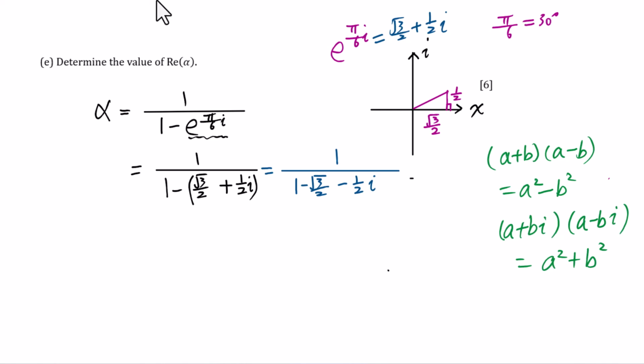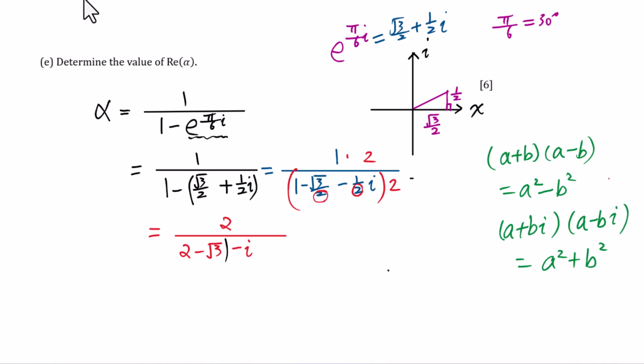First step, remember, always get rid of the denominator. So both sides times 2. We will get 2 over 2 minus square root of 3 minus i.